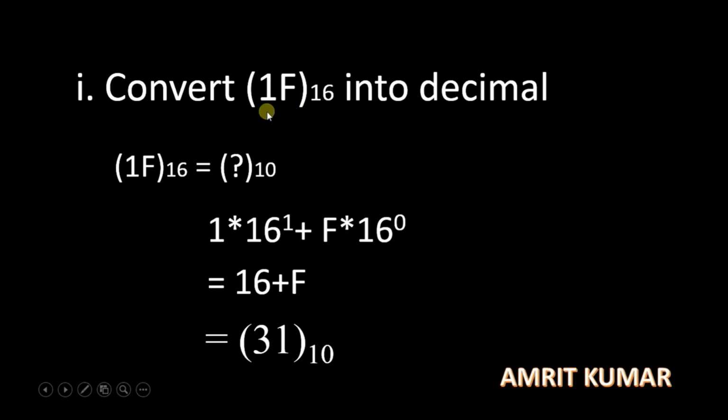Here you are seeing a hexadecimal number system whose base is 16, and I have to convert it into a decimal number system, and we know that the base of the decimal number system is 10.